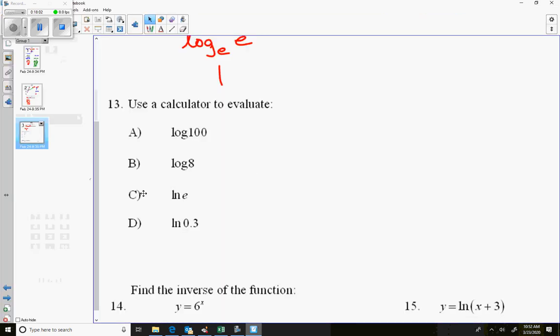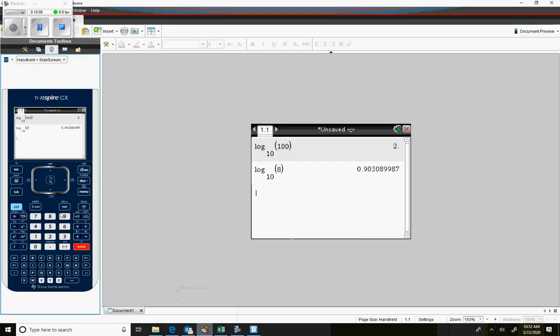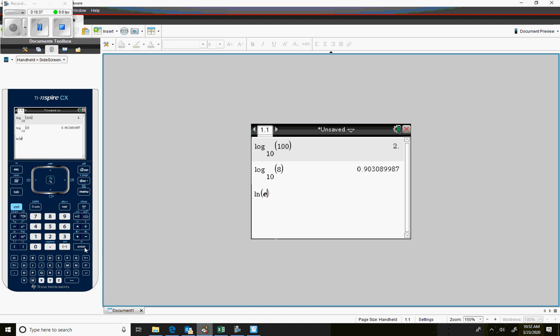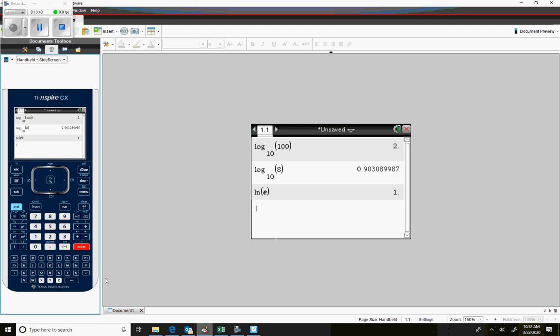All right, now part C, the natural log of e. It's down here, and notice exponentials and logarithms are inverses of each other. You will usually find the buttons connected, just as they are here. So we have the natural base e raised to an exponent of x, but then ln right there above it, so I need to do Control here, ln, and under pi, here's where my e was. And natural log of e is 1, just as we verified on example number 12.